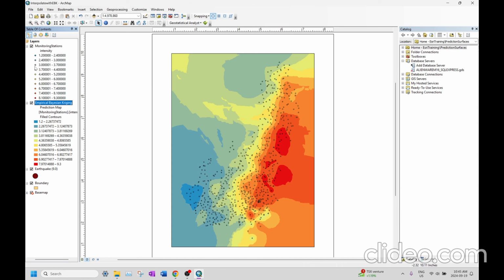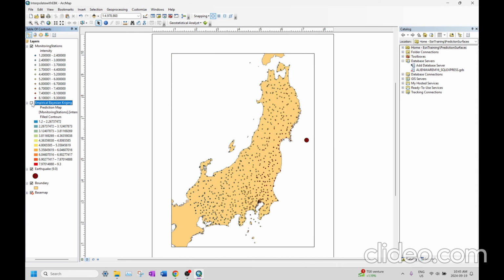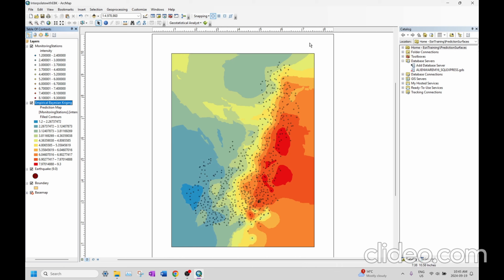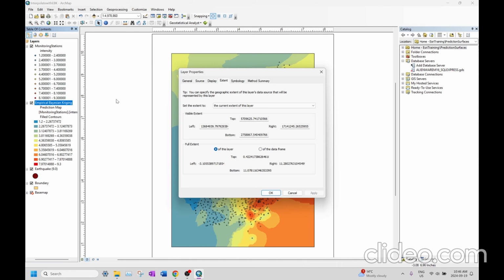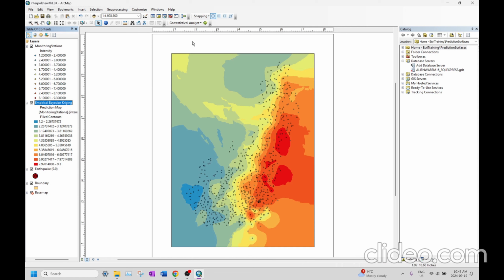After generating the prediction surface model, the monitor station layer has the map outside the boundary, I mean the EBK map boundary. So it has some different island sectors over here. You can adjust the map property on the EBK surface and click the rectangular extent of the boundary, and you can just eliminate the rest of the area.